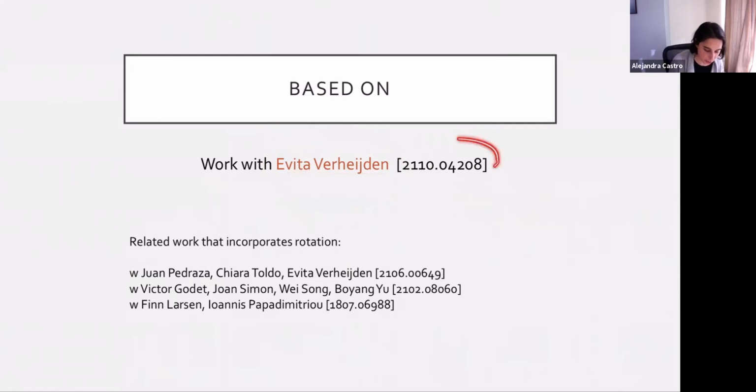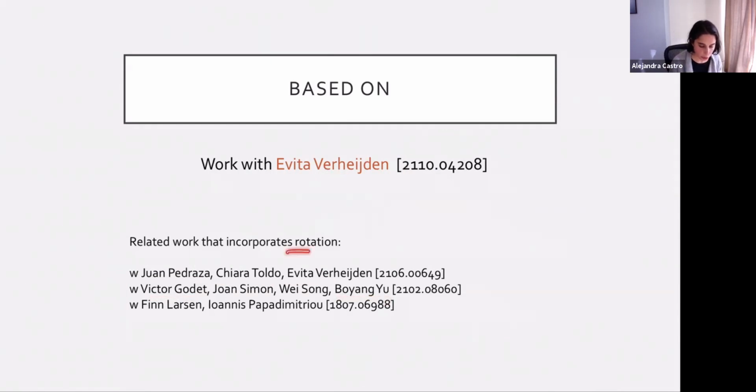I'm not going to go into a lot of the equations, but if you're interested in more details, please go to this reference. There's also another series of papers that I've been working on, which also include Evita, Chiara Toldo, who's a postdoc in Amsterdam, Juan Pedraza, who's now in Barcelona, my prior PhD student Victor, and a student of Wei Song, Boyang Yu.